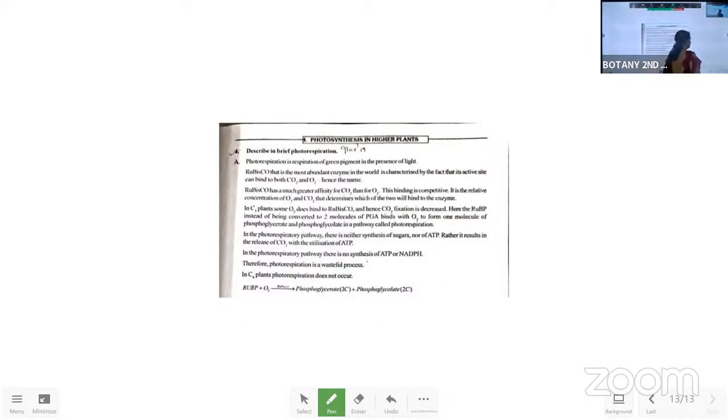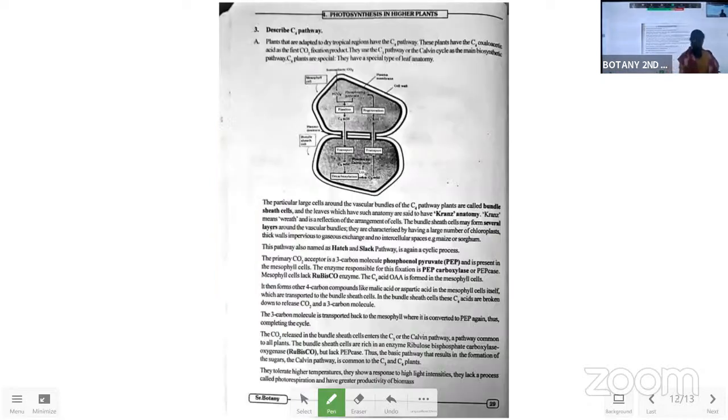Okay, now we will go with the next one, the hormones, plant growth hormones. I think I have not taken the VSQs also.